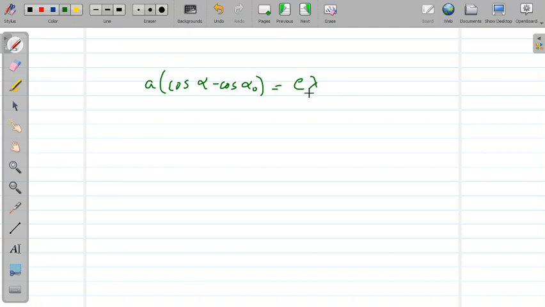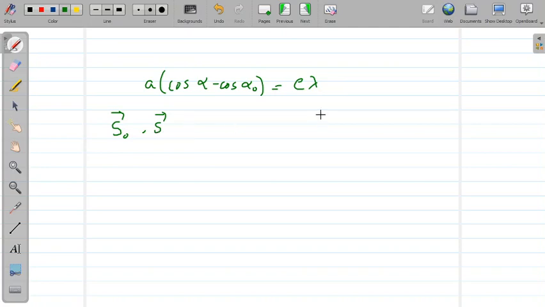This is our Laue equation. Suppose we choose two different vectors, S0 bar and S bar. S0 bar is a unit vector in the direction of the incident beam. S bar is a unit vector in the direction of the diffracted beam.